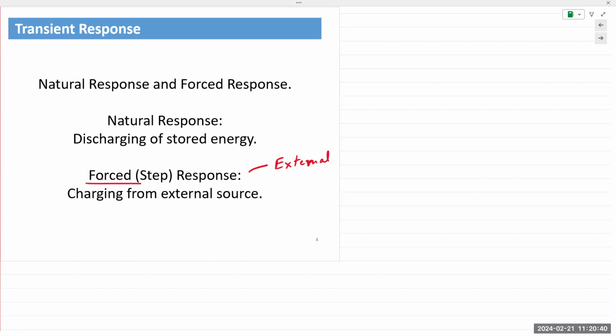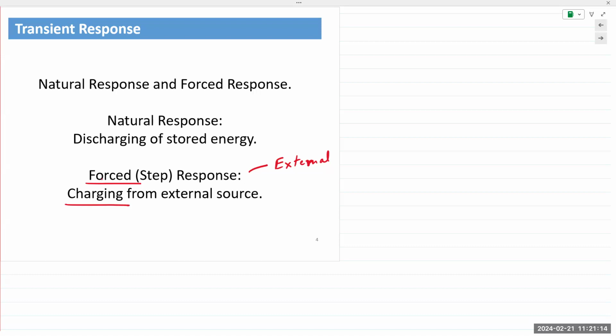You connect a battery to a resistor, that resistor does not have voltage or current of its own. The voltage or current in that resistor is due to the externally applied battery. So the response of the resistor is a forced response, which is what we have seen so far. It's simply the application of an external input, which is basically the charging of the capacitor or the inductor.